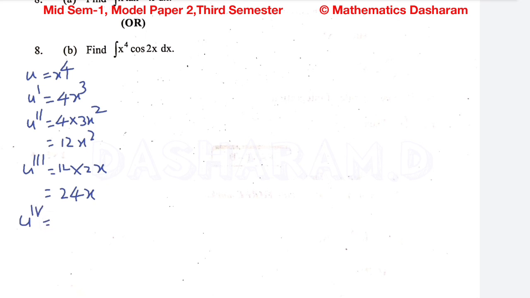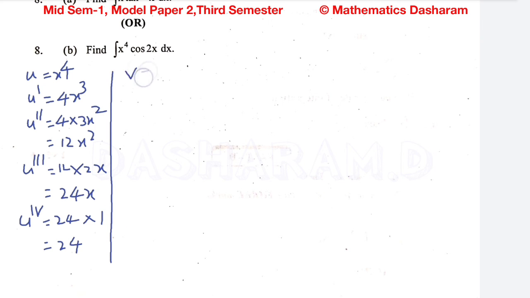Next, fourth order derivative: derivative of 24x, 24 into 1, it is equal to 24. Next, derivative of 24 is 0, so that is why we can stop doing the derivatives.